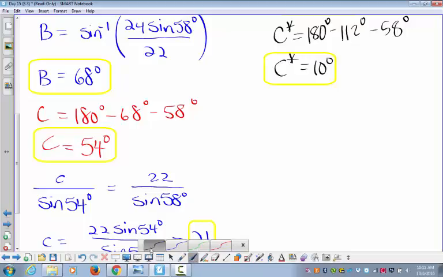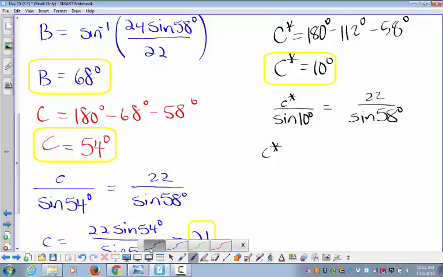And little c star, put that on top. And then sine of 10 degrees down below. And it will always be the same as the ratio that we used over here with little c. Same ratio over on the right side. 22 divided by sine 58.